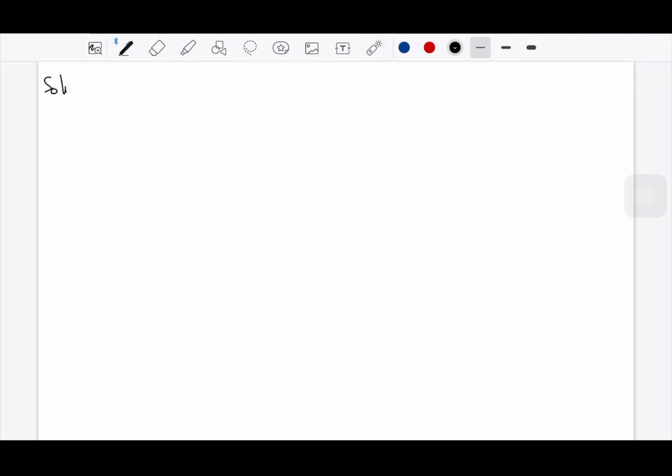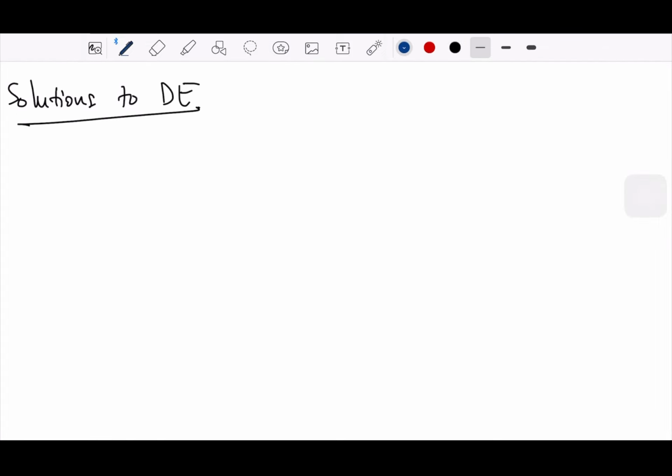So we are going to look at the linearly independent solutions of differential equations.